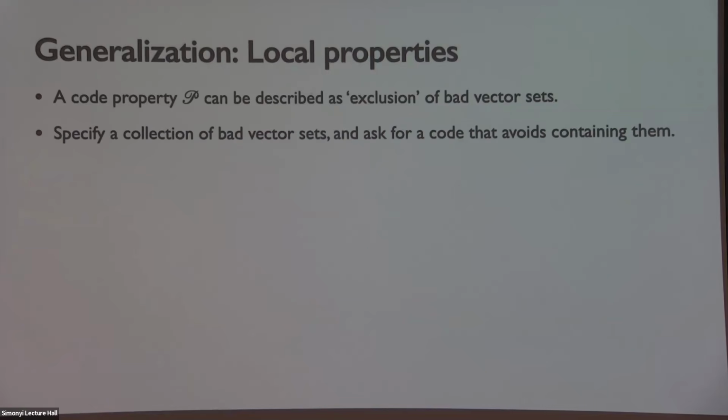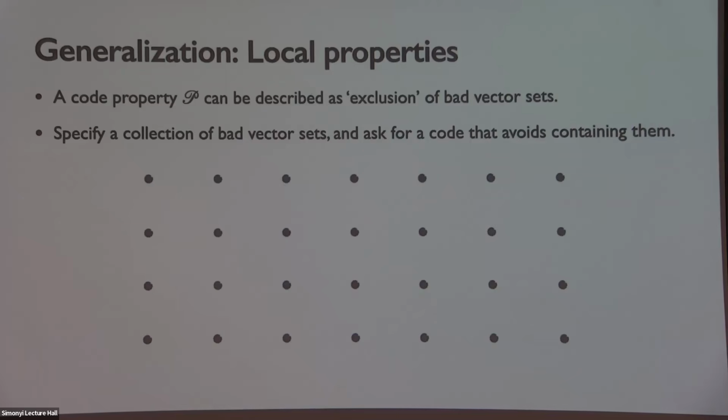So we can generalize this more now. I'll talk about a code property which is just defined by exclusion of bad vector sets. I'll specify my bad vector sets, with some nice description for them, like in the previous slide for list decodability. And I want a code that avoids containing all of them simultaneously.